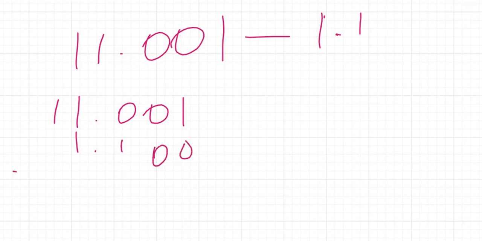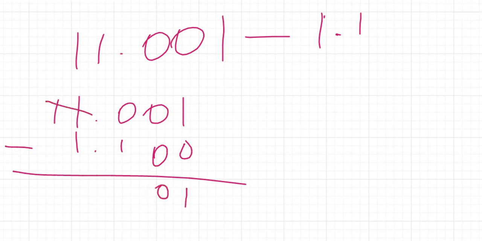So let's add some placeholders. And let's go ahead and work this out. So we say 0 from 1 gives us back 1, 0 from 0 gives us back 0, 0 from that you can't, so we take 1 from there, leave us with 10, bring that 1 there, this gives us 9 point, and then we have 9.